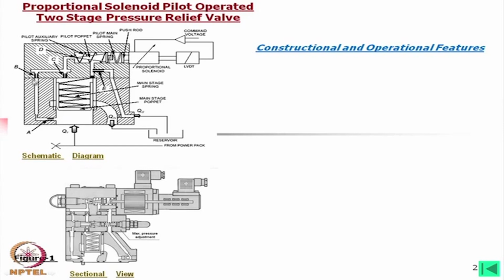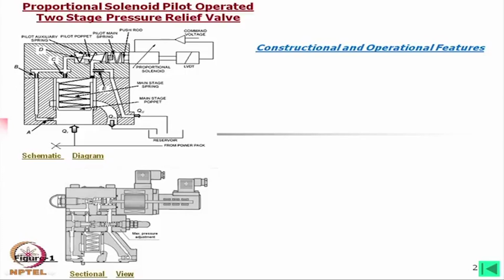Now, when flow begins, there will be a pressure drop. As there is a pressure drop, the same pressure will come over here. So, if we think of the force balance, this side the full pressure, this side the reduced pressure plus the spring force.